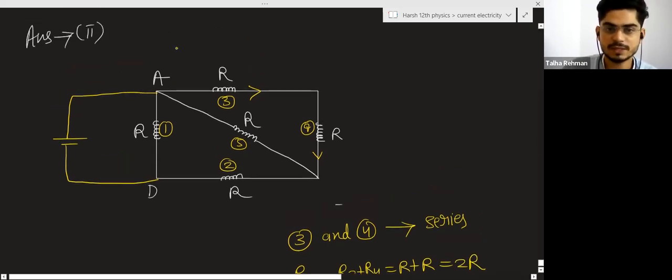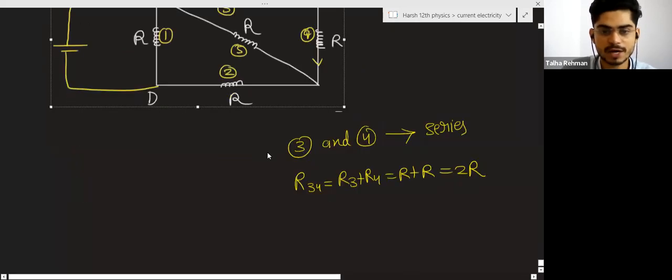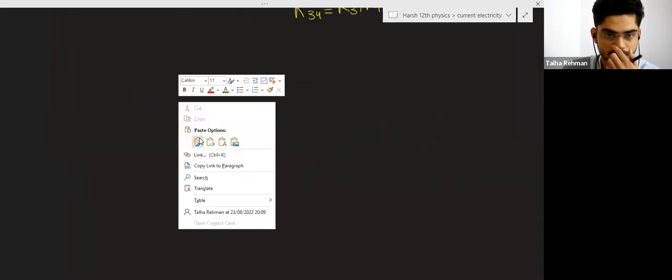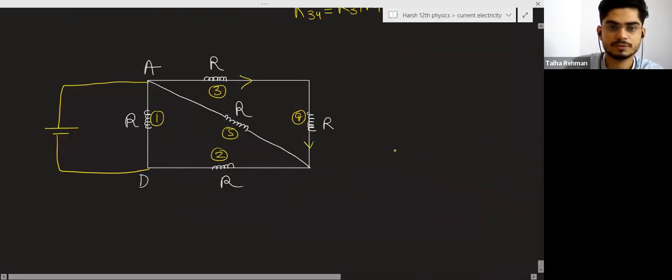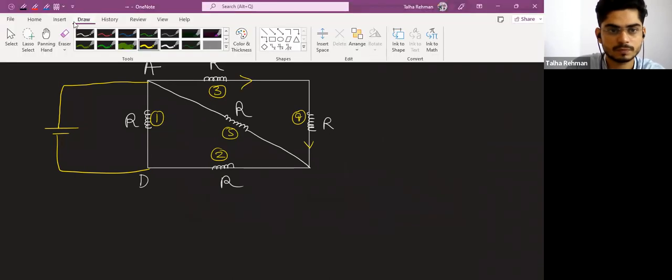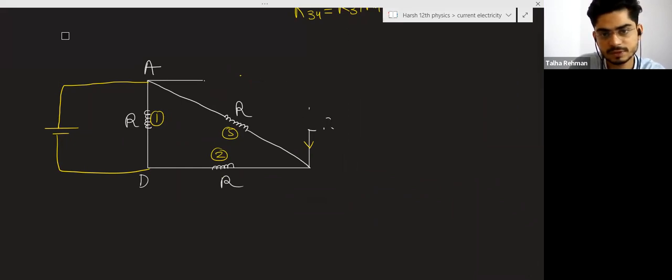Now, instead of these two resistances, we will just connect a resistance of 2R ohm. I am just modifying this circuit again. I am just connecting a single resistance in between.